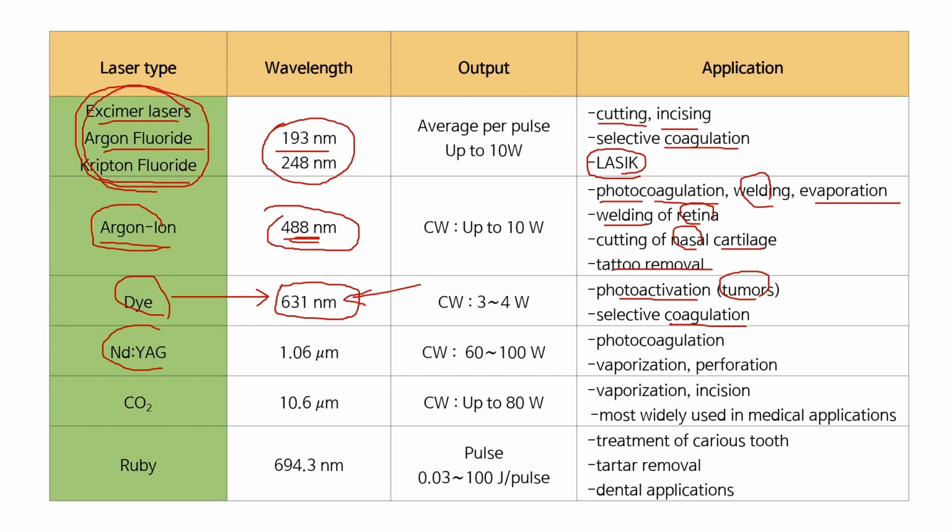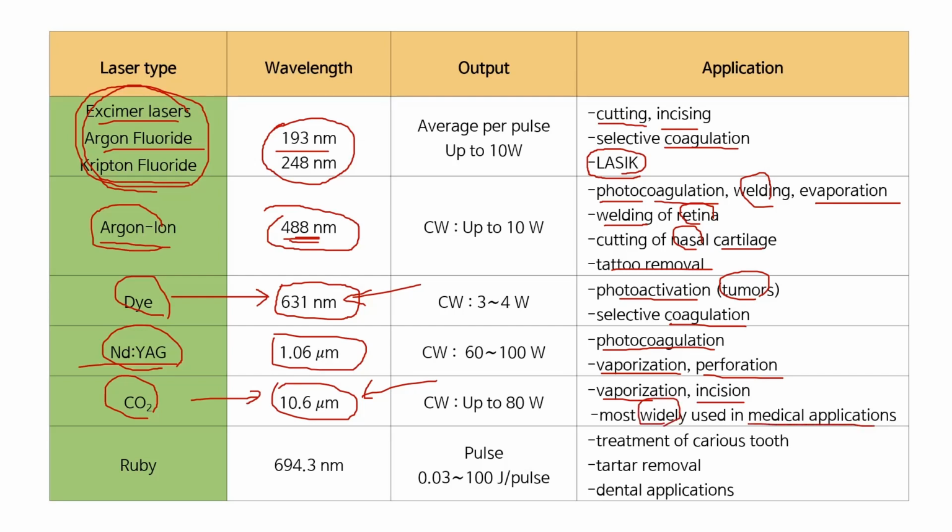And Nd:YAG laser is infrared. This Nd:YAG laser is also used for photocoagulation, vaporization, and evaporation. CO2 laser is also an infrared laser, and this CO2 laser is widely used in the medical area for vaporization and incision, and is the most widely used in medical applications.